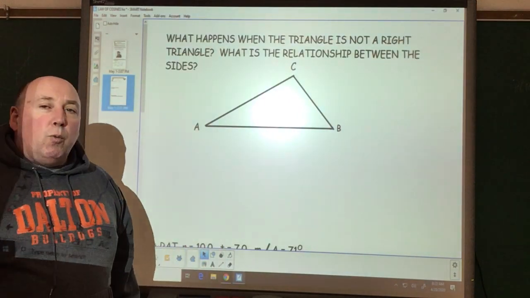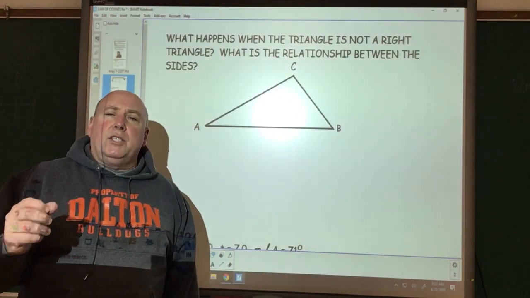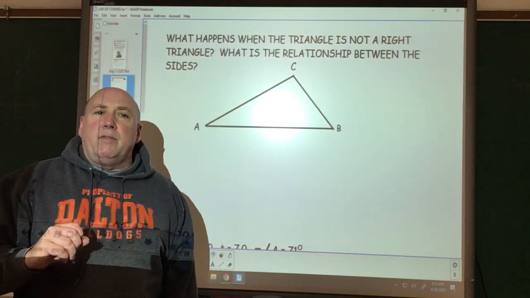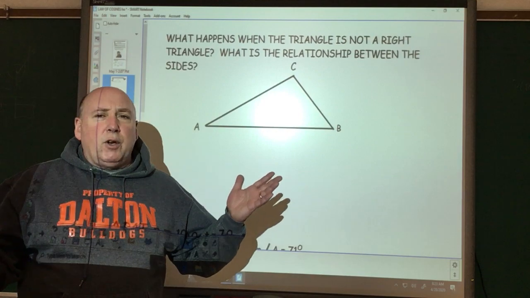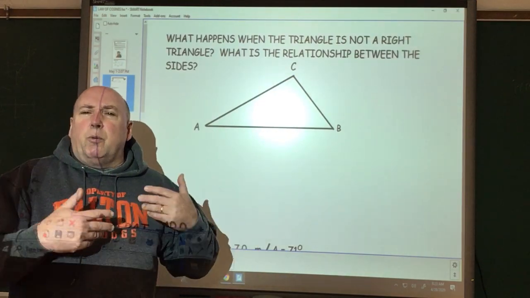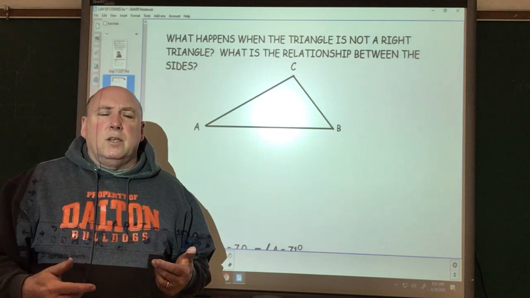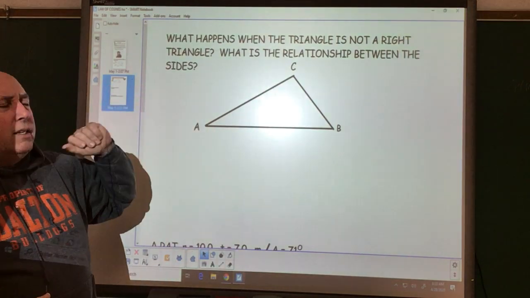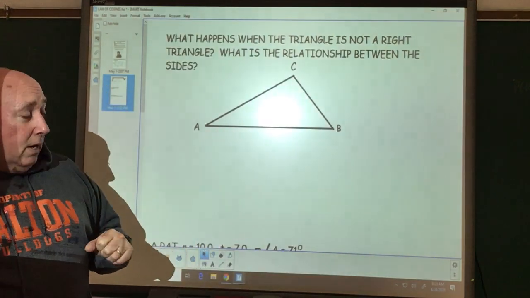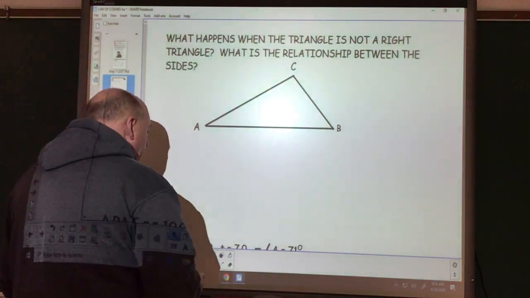We still want to be able to get a relationship between the lengths of the sides and the measures of the angles. If we don't have the lengths of sides and measures of the angles, it doesn't look good. So we want to be able to solve for these things. So that's where we're going to develop what is called the law of cosines. And we're going to go through how we develop this.